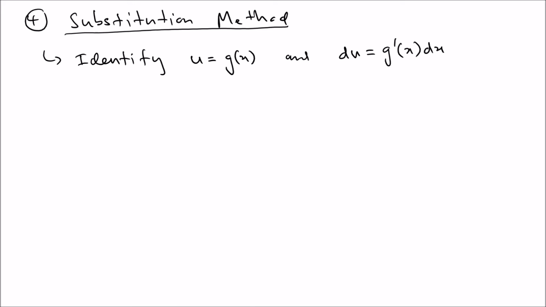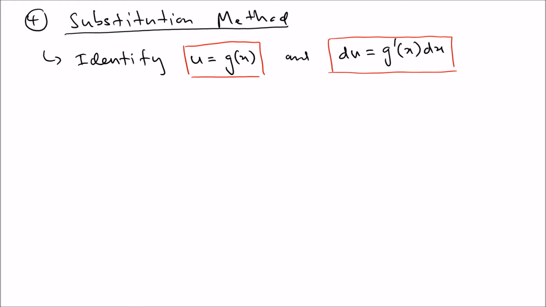So each substitution problem boils down to these two things: we find the u function, and we identify the derivative of that.